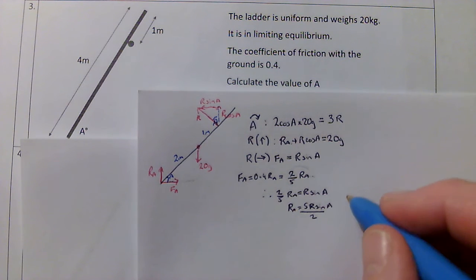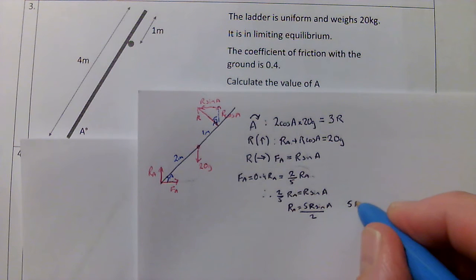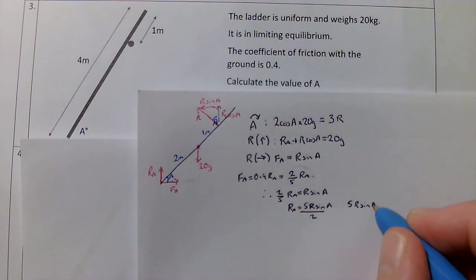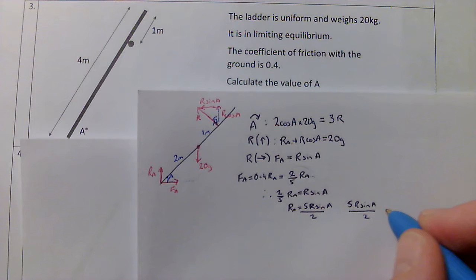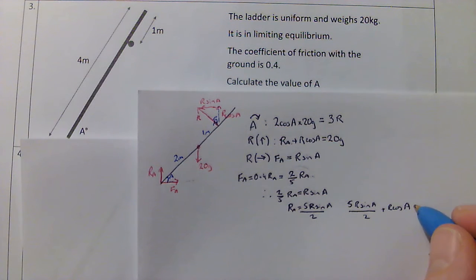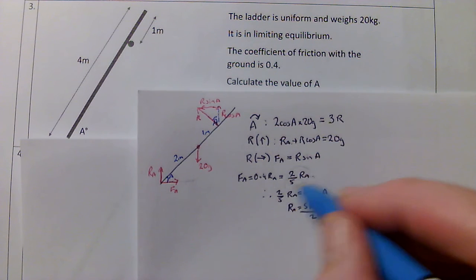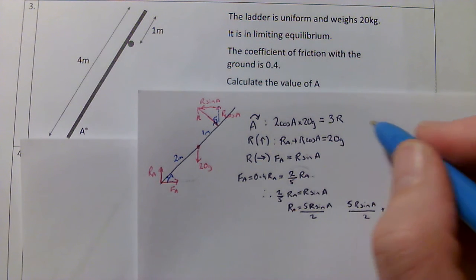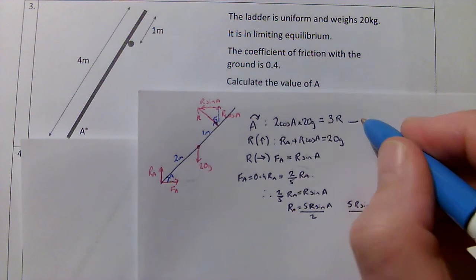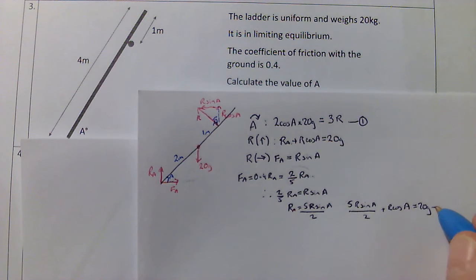So substituting in, I've got 5R sin A over 2 plus R cos A equals 20g. Now, I've used all of this stuff, so I've been left now with 2 equations, 1 and 2.